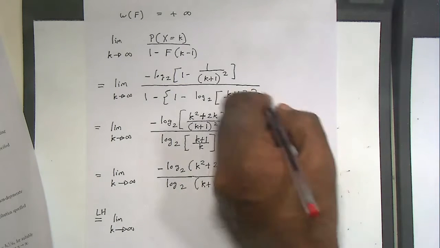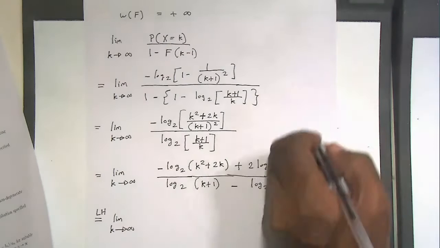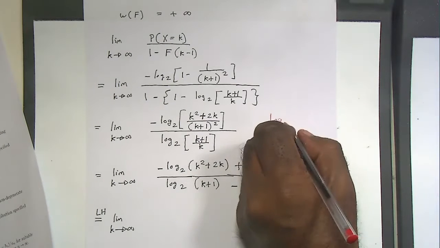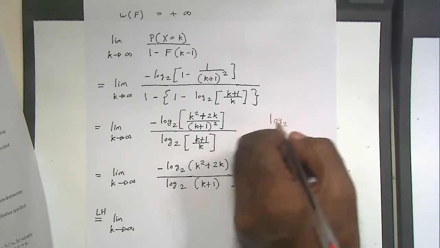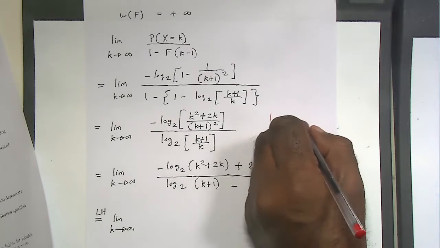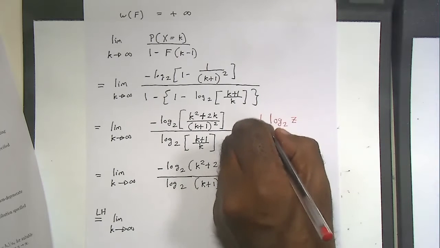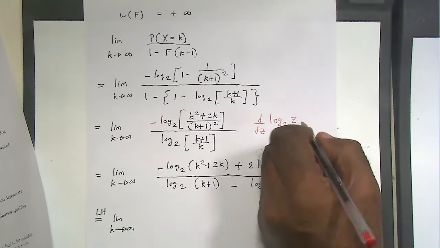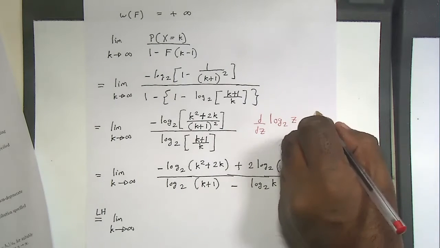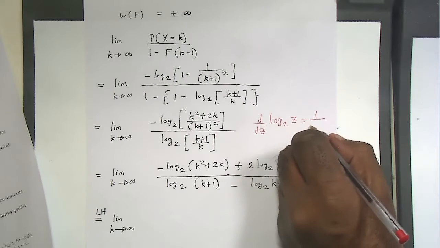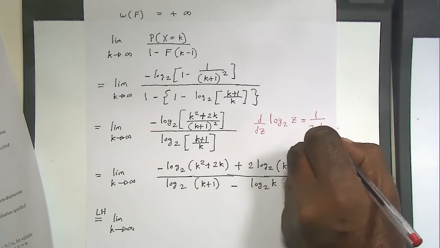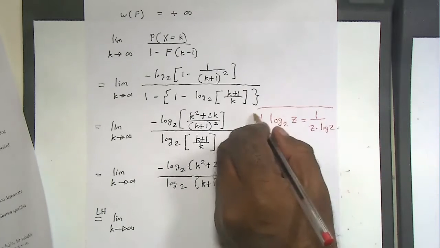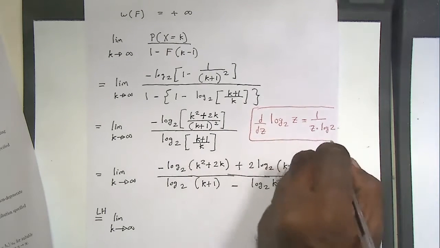If you have log base 2 of, say, z, and you differentiate this with respect to z, this is the same as 1 divided by z multiplied by log of 2. So this is the property I'm going to use in a sec.